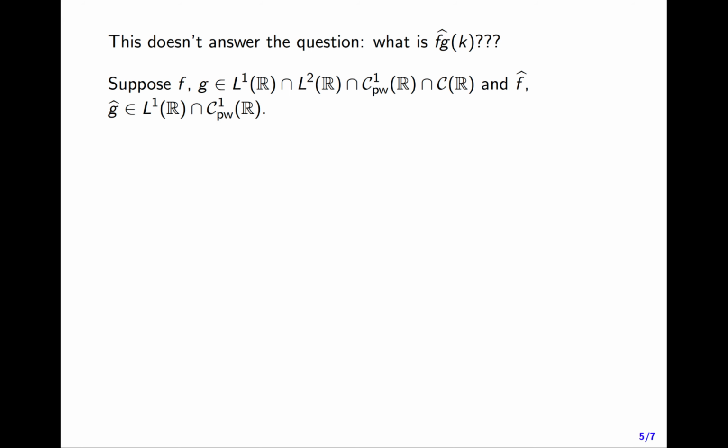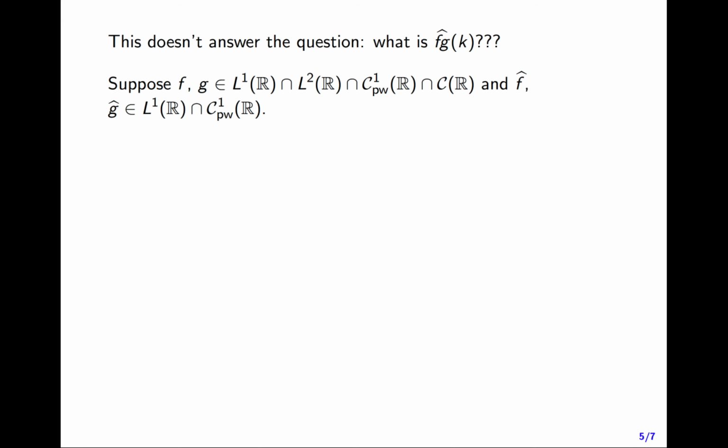To answer this question, we're going to assume a lot of things about our functions f and g, and this is pretty elaborate and, forgive me, excessive. I'm going to assume now that f and g are in L1, so they each have Fourier transforms, and they're in L2, so their product is in L1, and they're in C1 piecewise, and they're in fact continuous.